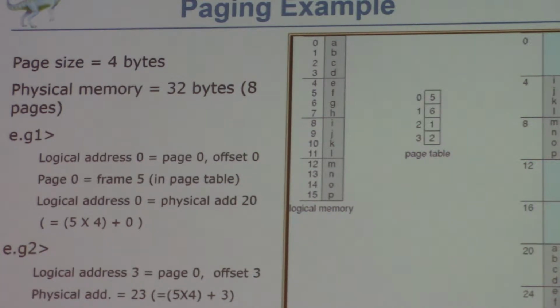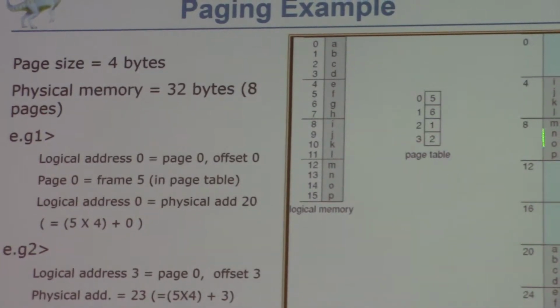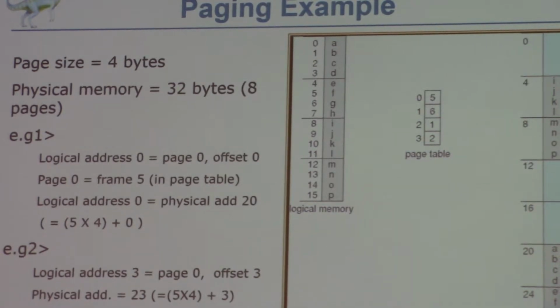So in this example, we'd like to find the physical address from the given system. Let's say that this system uses paging. It's a paging approach, which means a fixed size unit. This is our program logical memory. Right hand side is what? Physical memory on your computer.